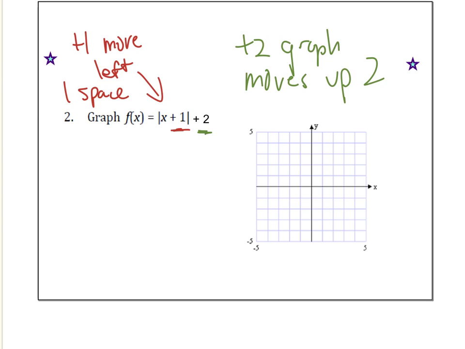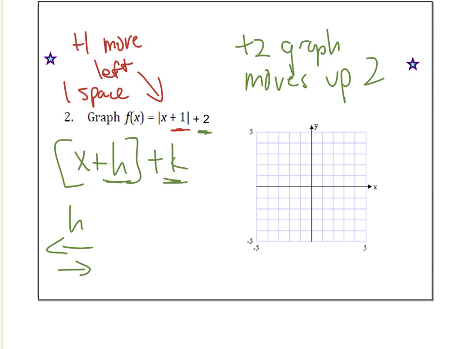So here's kind of how that works. For any kind of function, and even if you think back to linear and quadratic stuff, x plus, call it h, plus k, where h and k are numbers. H is going to move it left and right, all right, and k is going to move it up or down, all right, and h is going to be the opposite of what you would think.